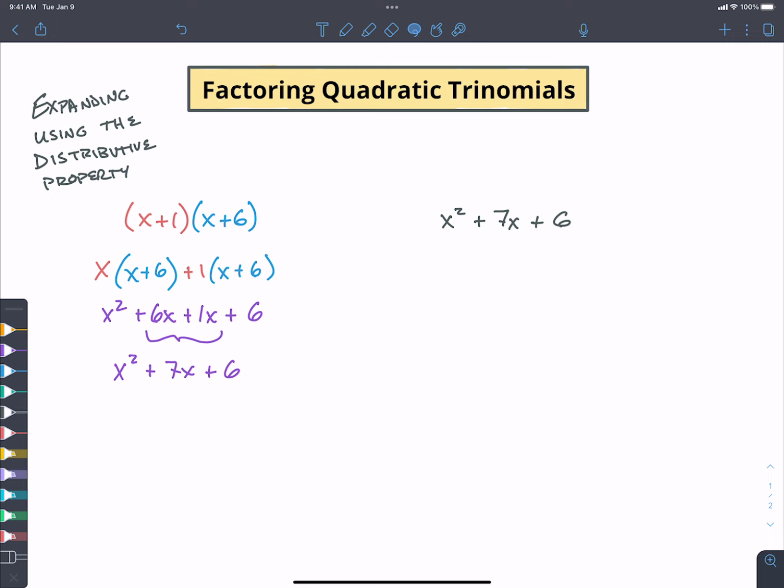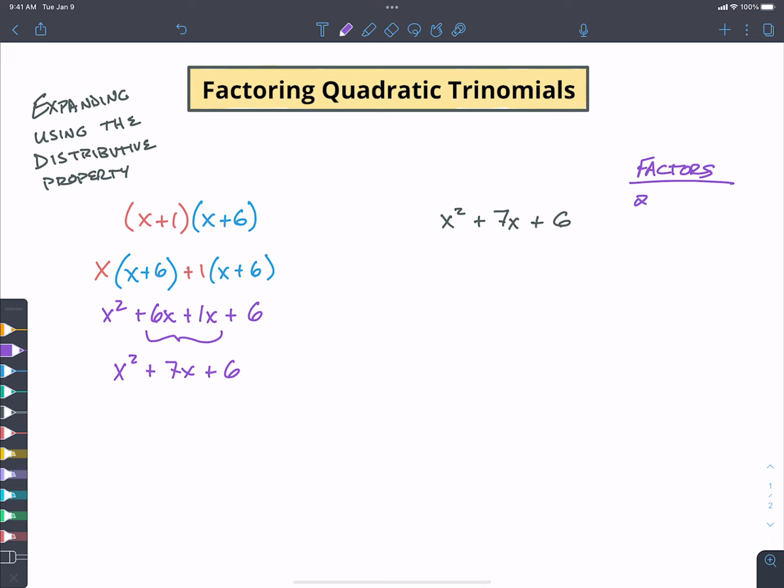So let us begin. The first thing I'm going to do is look to see which factors of 6 add up to 7. Factors of 6 means what things multiply to get 6, so a positive 6, as a matter of fact.